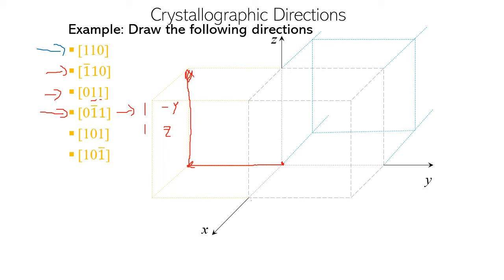So this is the required point. Connect this with the origin. This gives the required direction, 0, 1 bar, 1. Even if you follow the opposite sequence, 1 unit along z direction first, and then from this point 1 unit along the negative y direction, this gives 0, 1 bar, 1.